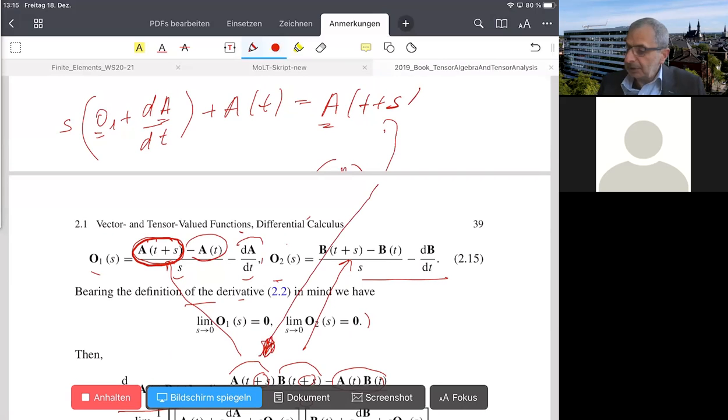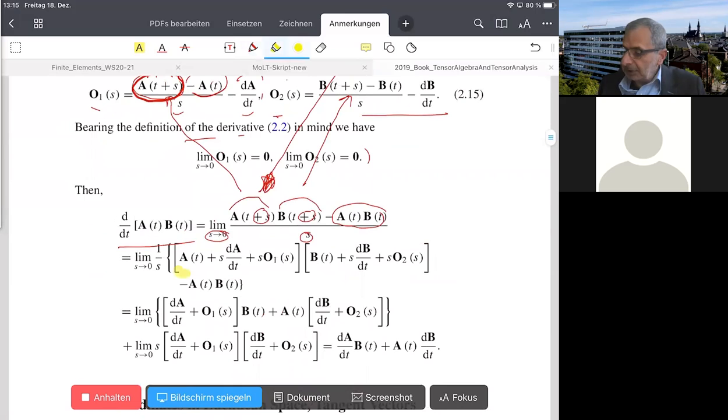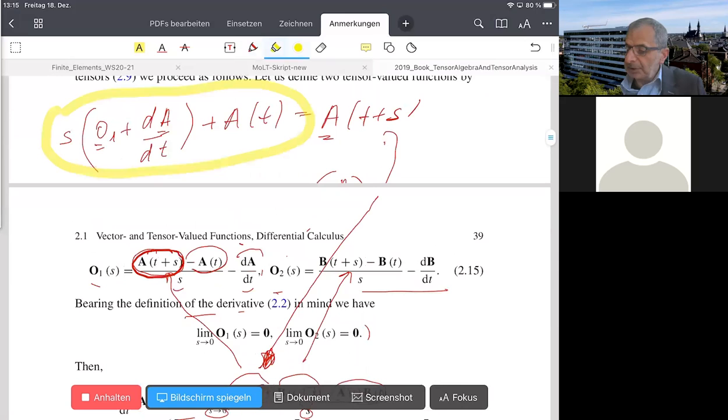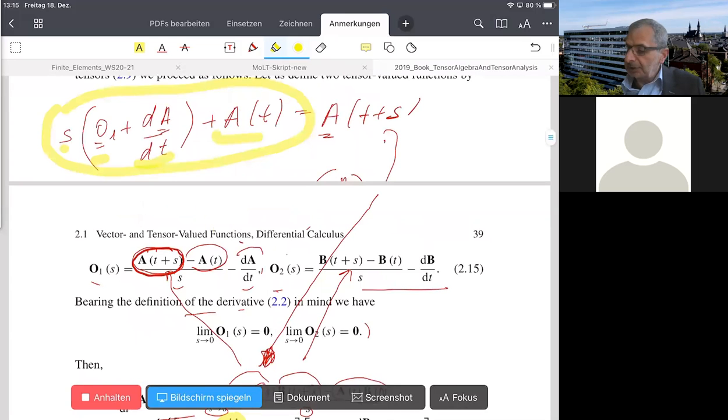You look here, exactly this expression I insert. I only write out these parentheses: s times o1 plus s dA dt. You see s o1 here and s dA dt, and then plus the rest term, this a at t.